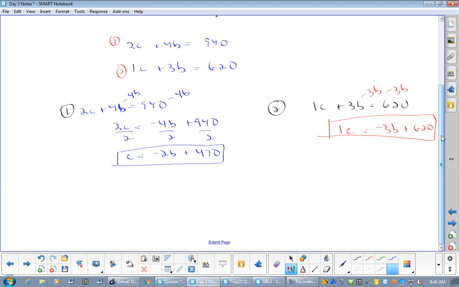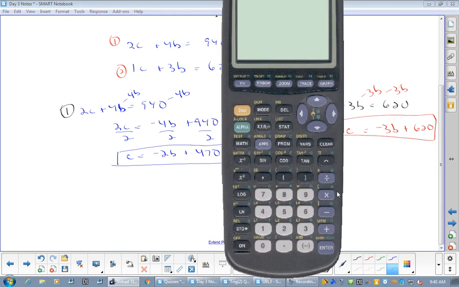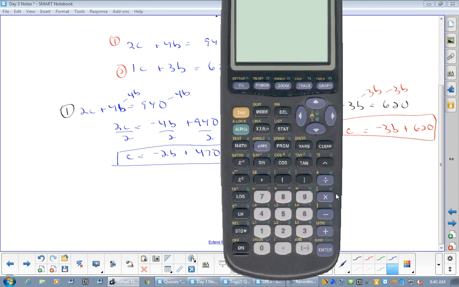Now, another thing that's very common, and this used to be asked on the diploma, is what would be your window settings for this thing? Okay? And sometimes maybe window settings you're going to be able to think about before you do it, but maybe after you do it. Now, so if I go to my calculator, I'm going to put it in the middle here so you can see my two equations.